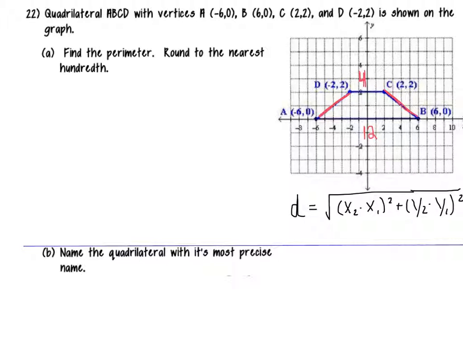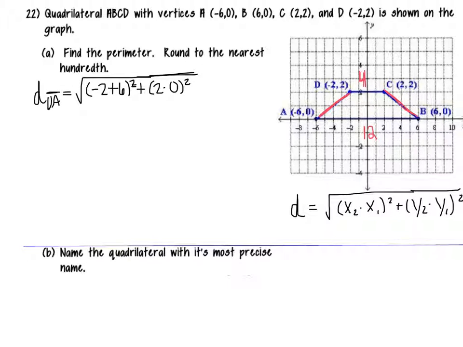All right, so I'm looking at my first point, and I'm going to find the distance of DA first. Okay, so I'm going to go ahead and open up my square root. I've got my second x minus my first, so -2 minus -6, so -2 plus 6 squared, plus my y's, which would be 2 minus 0 squared.